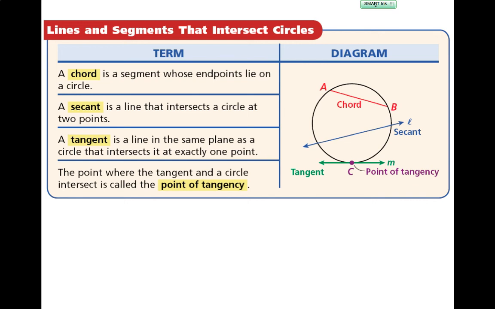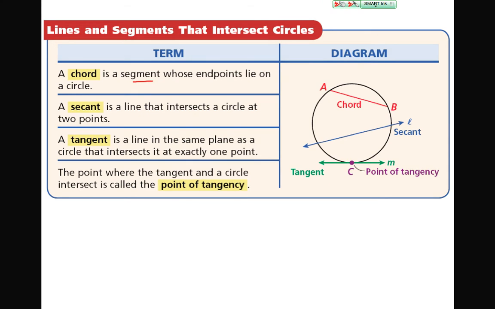So as you look at that picture, and some of you are drawing it, what segment has endpoints right on the circle? AB. Okay. So a chord is segment AB. Have to use the correct symbol. If you put line, it's going to mean something different. So segment AB is a chord.